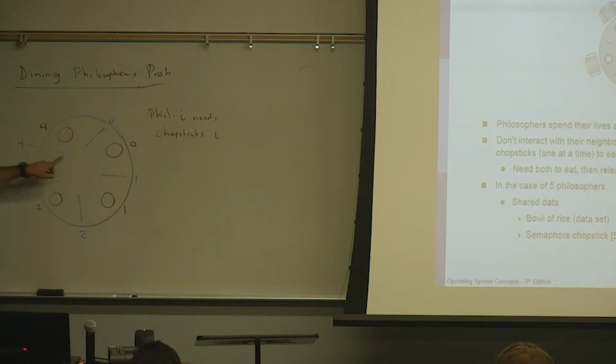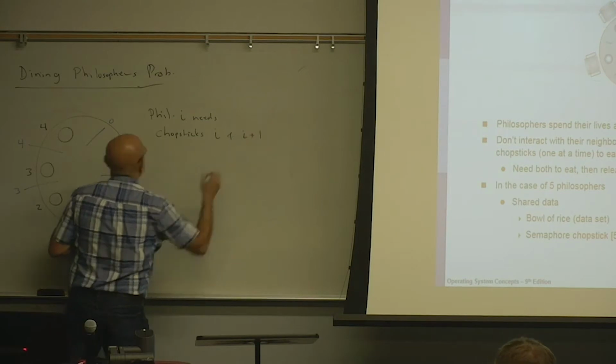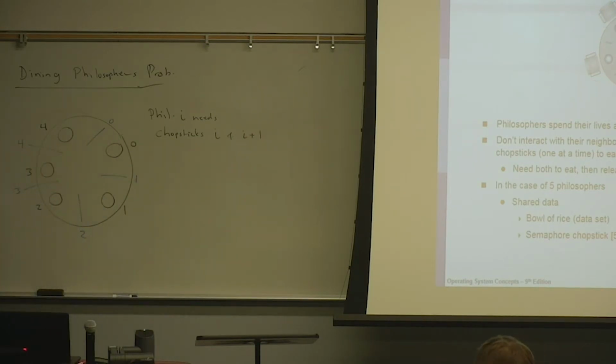I plus 1. So philosopher 0 needs chopsticks 0 and 1, so I and I plus 1. But what about philosopher 4? Philosopher 4 needs chopsticks 4 and 0.